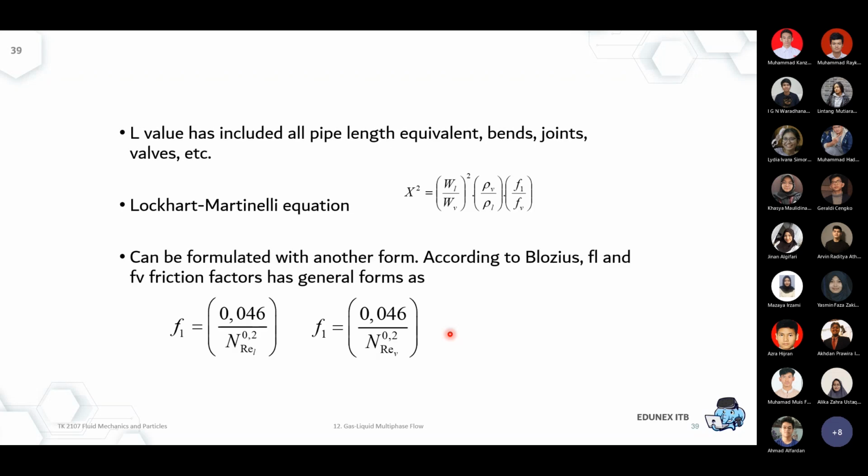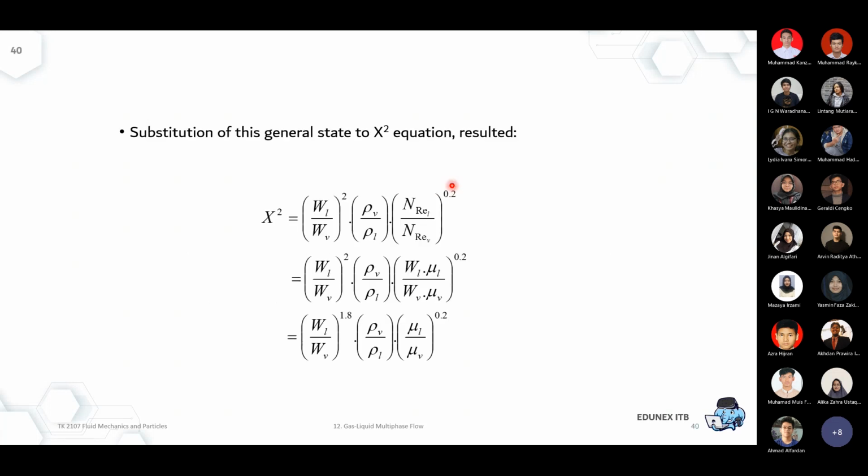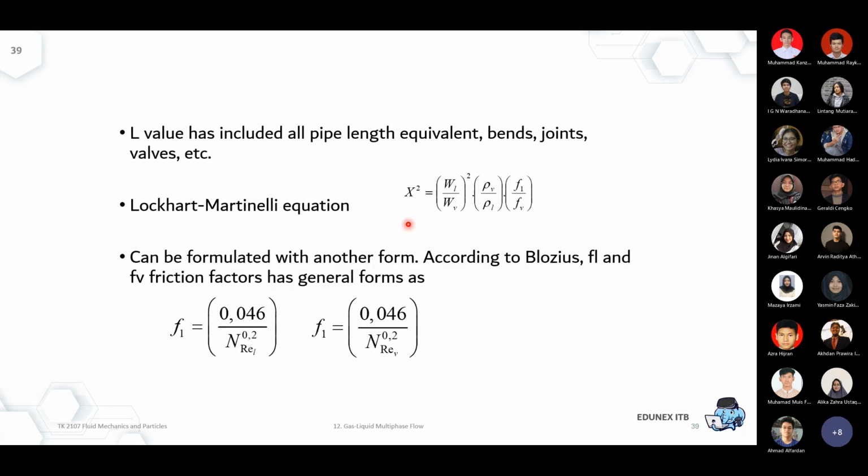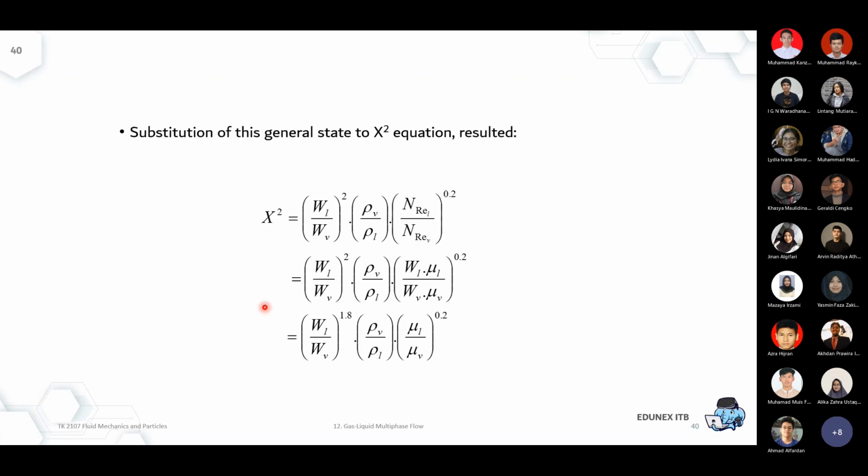This is the same thing. I will not re-explain. It's just another way, but I will not complicate the explanation. So the x square can be calculated using this ratio, which is the same as the previous slide. If you want to substitute the f, here probably the important part is that the f comes from the Moody or the Fanning factor chart, and it can be substituted with the Reynolds number, because f is a function of the Reynolds number, so it's just another way of the x square calculation.